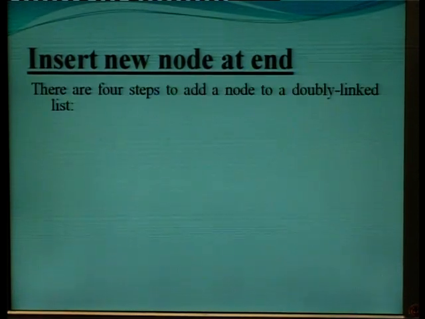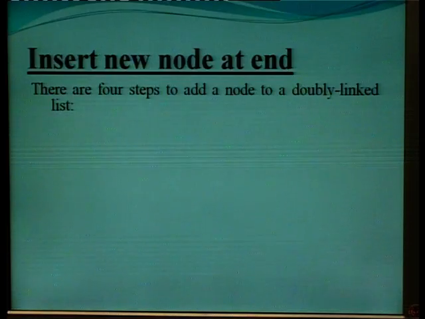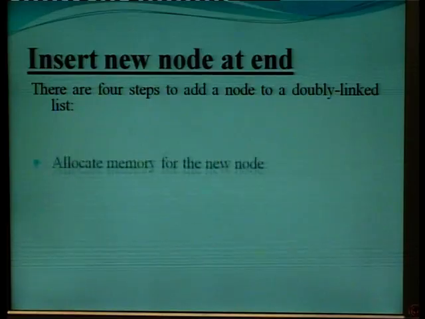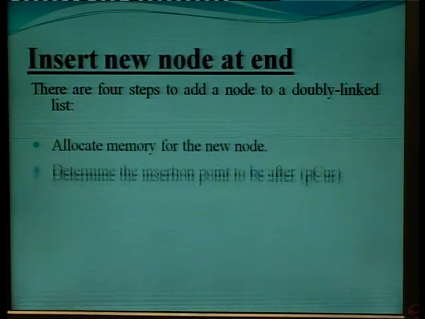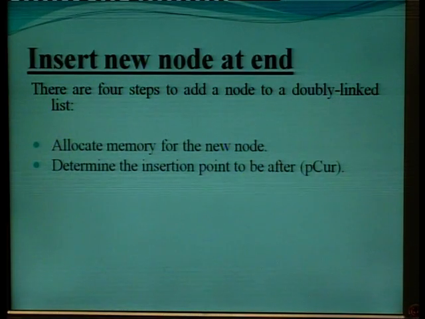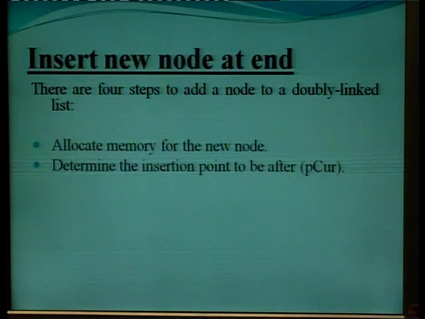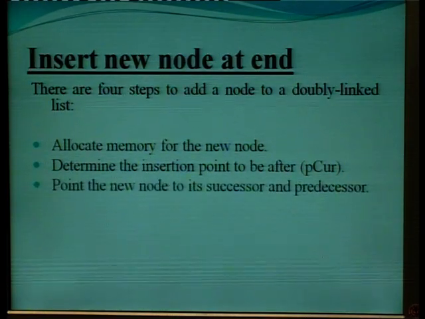If we want to insert a new node at the end of the doubly linked list, there are 4 steps to add a node in a doubly linked list. First, allocate memory for the new node. Determine the insertion point, whether we want to insert at the beginning or at the end.